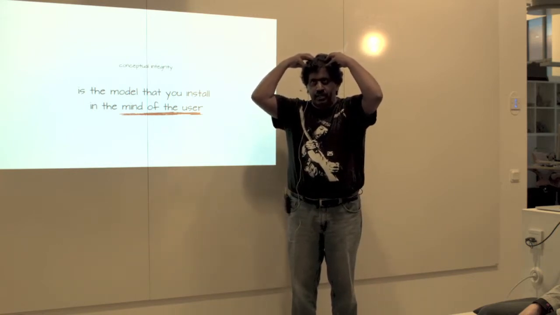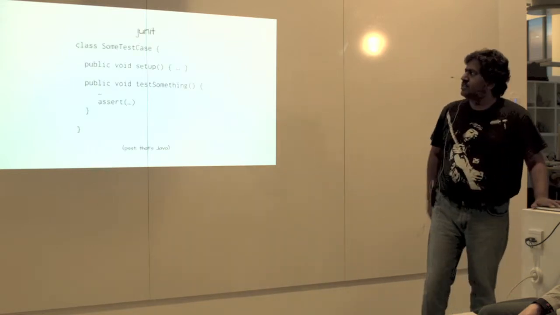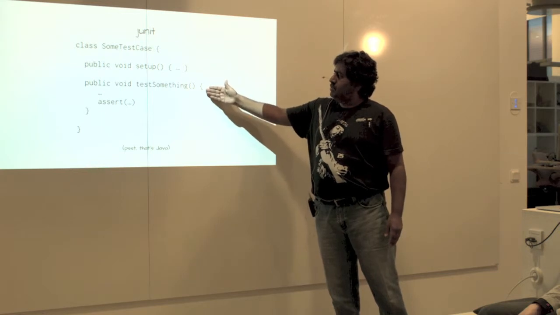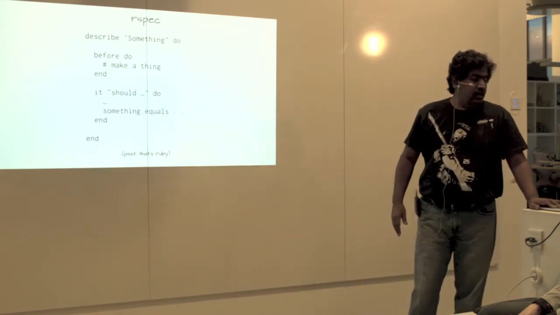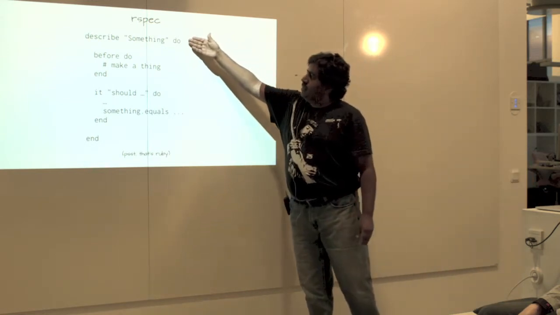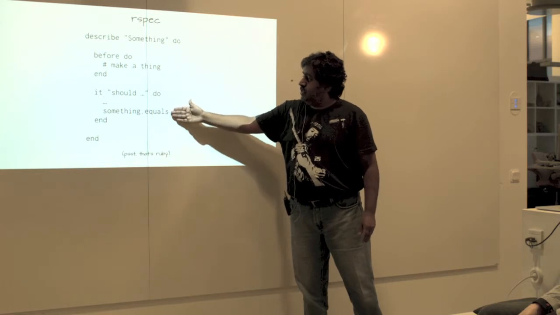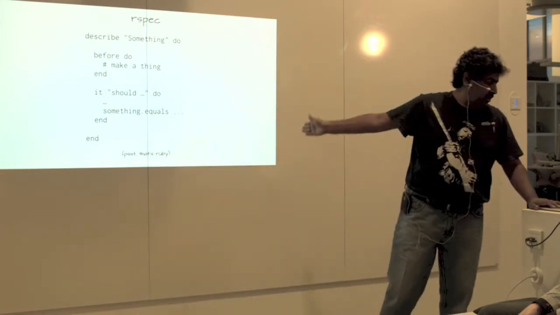That's conceptual integrity, right? Give you an example, JUnit. Class, setup, test, and then tear down. RSpec, Ruby, class, well, the test class essentially, setup, test method, assert, tear down, if there is one, right?